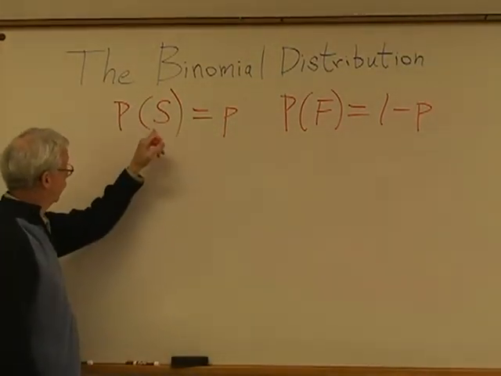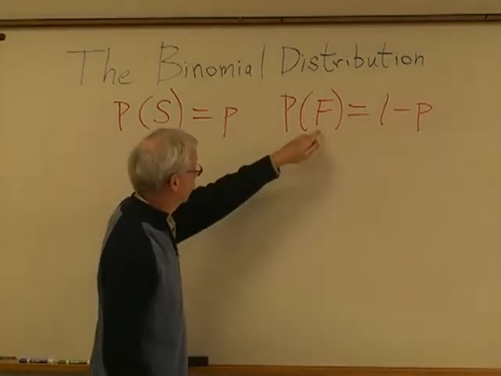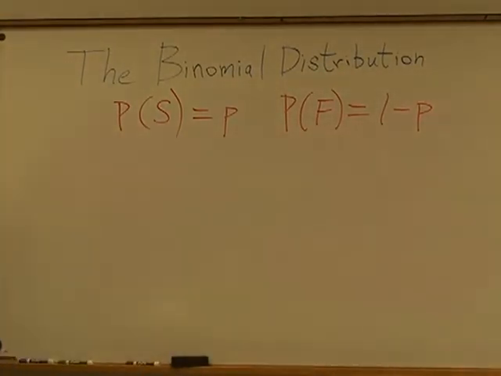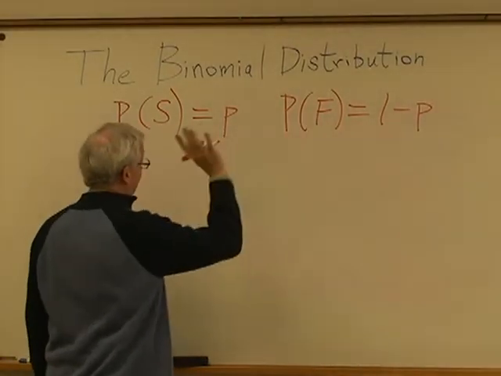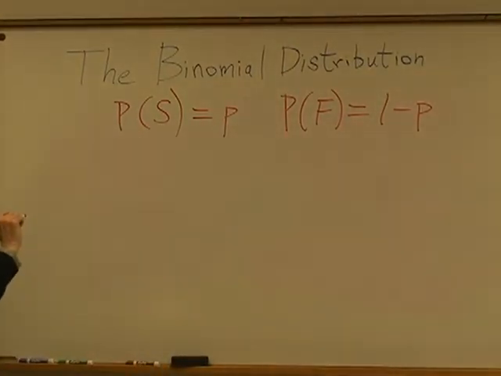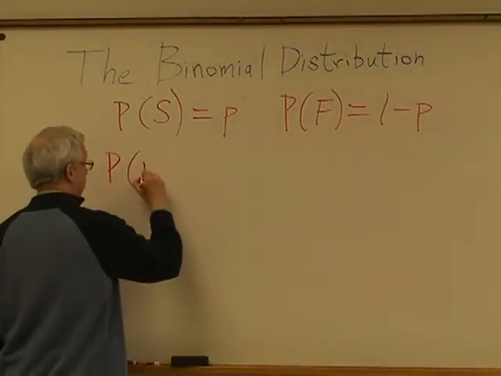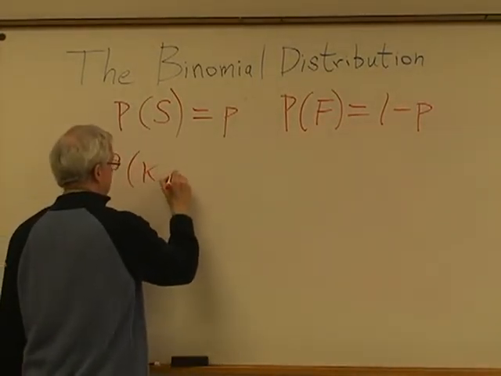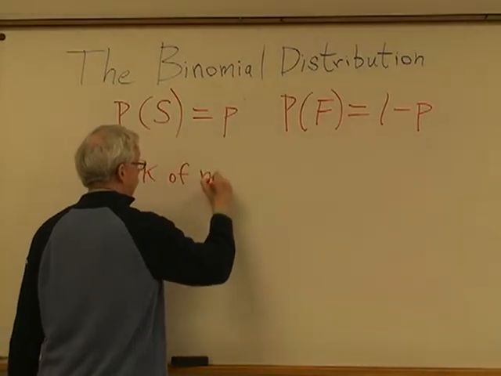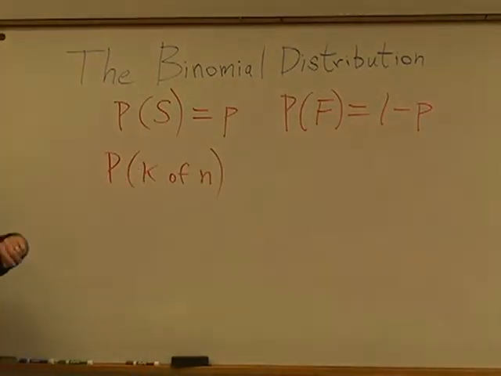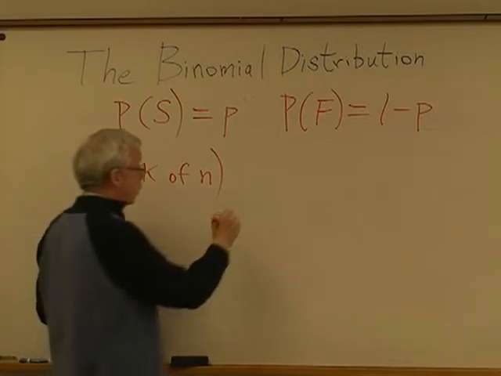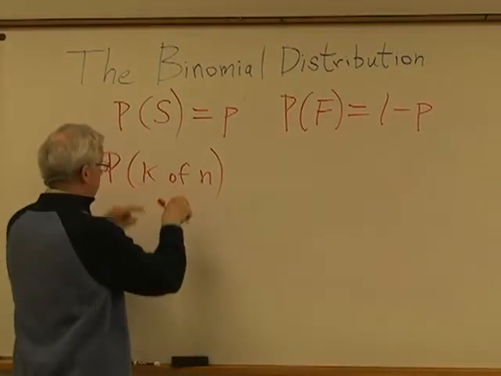And if I don't succeed, then I fail. If I don't fail, I succeed. They're complementary events. So given these conditions and independent tries, then the probability of getting k successes in n tries, that's shorthand for that, is, first of all, the probability of this happening.